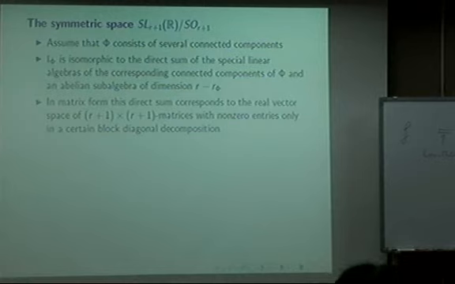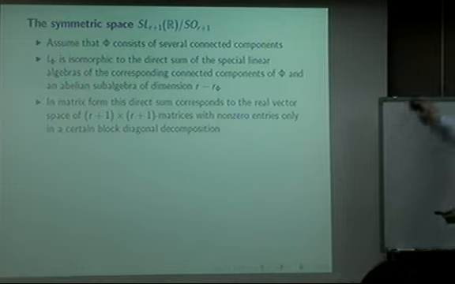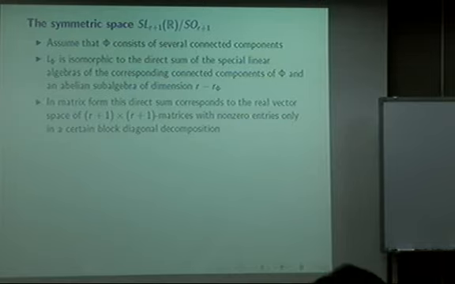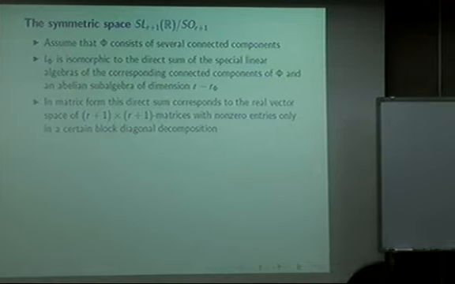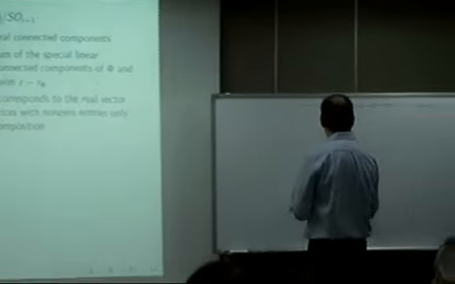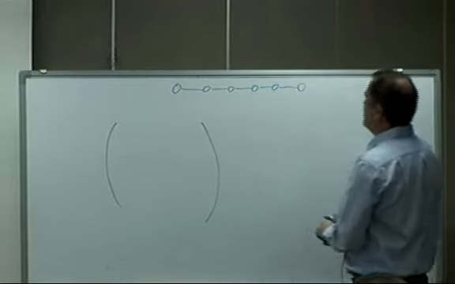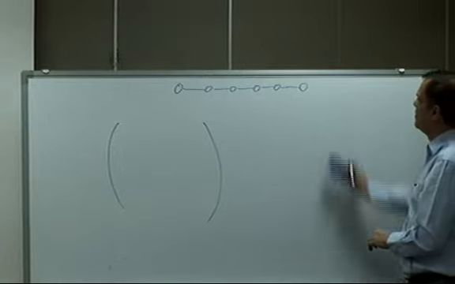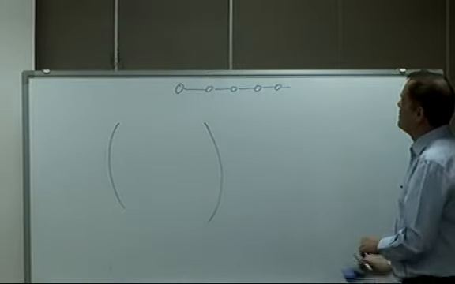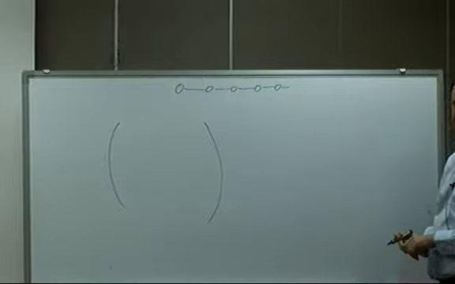So in matrix form, what do we get? This direct sum corresponds to the real vector space of r plus 1 times r plus 1 matrices with non-zero entries only in a certain block diagonal decomposition. For example, if we start with this 1, 2, 3, 4, maybe this here, this corresponds to SL6.